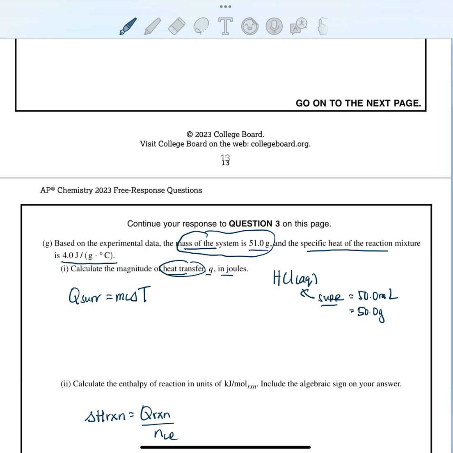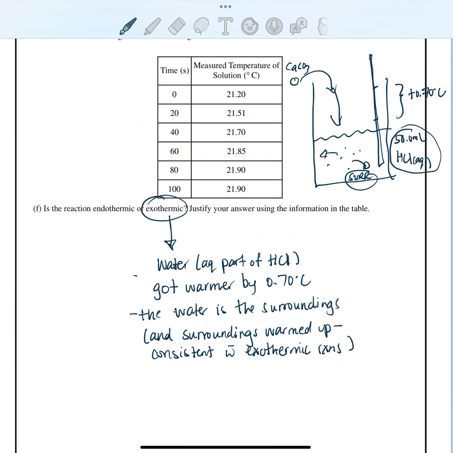So just be careful. I think the answer key made a typo because the mass here should be 50 grams to represent the mass of the surroundings. We're going to multiply this by 4 joules per gram degree Celsius, and then delta T is TF minus TI, so final minus initial.